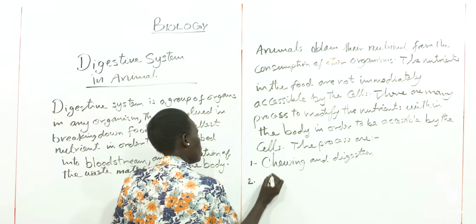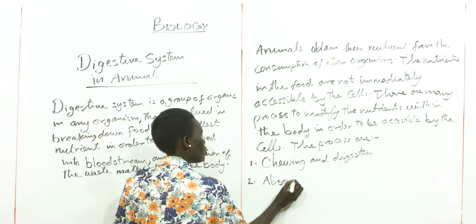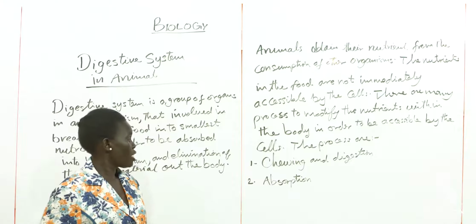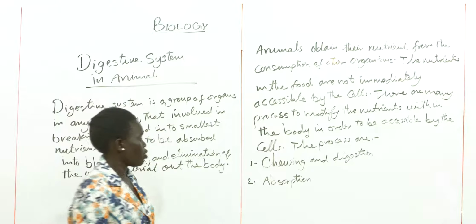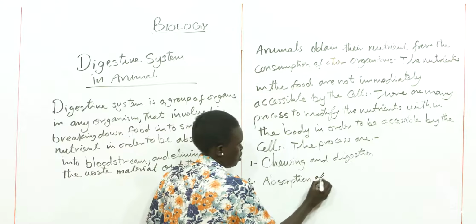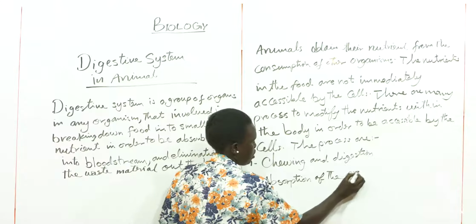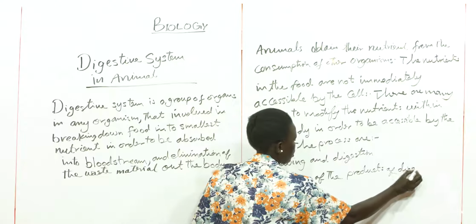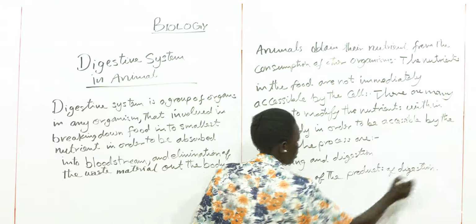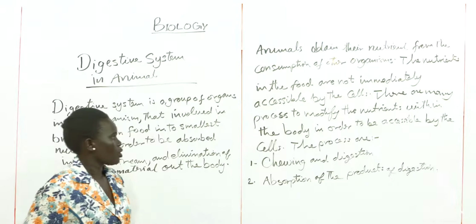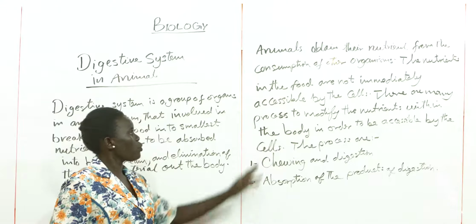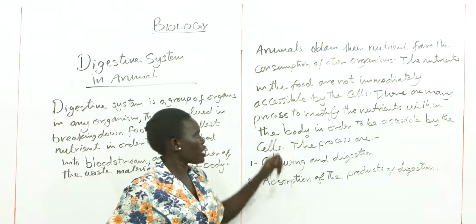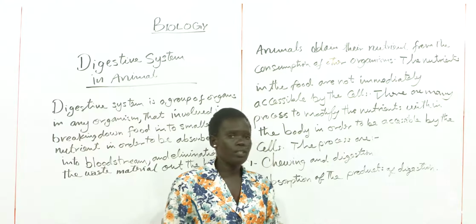Number two, absorption of the product of digestion. So these are the processes by which we can modify the food or the nutrient within the body so that the cell can access it.